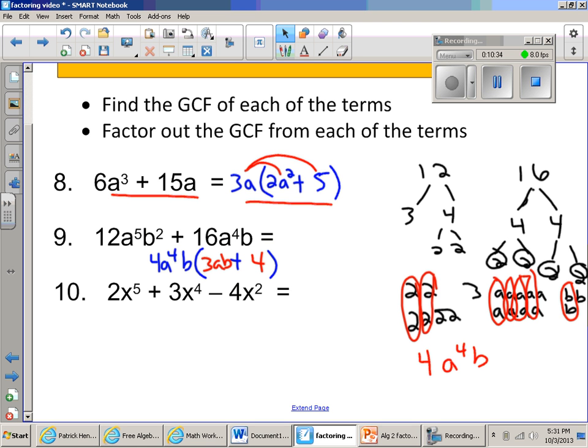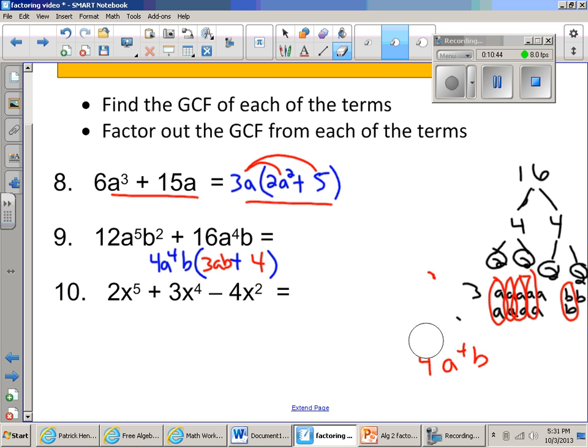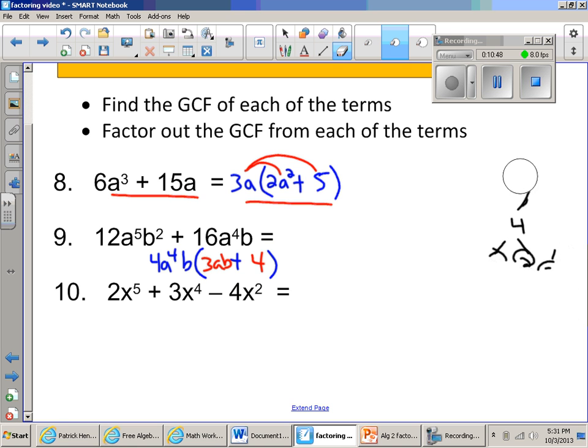Now, let's look at problem 10. How is 10 different than 8 and 9? Well, it has 3 terms instead of 2. Do we do that any differently? No, we don't. Still going to make my factor tree and my prime factorization.